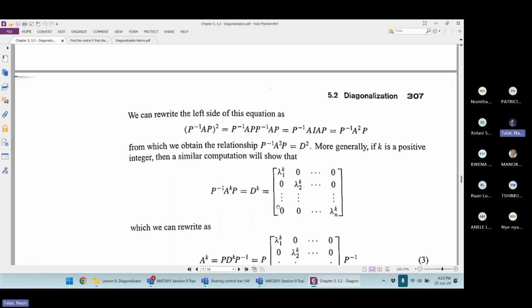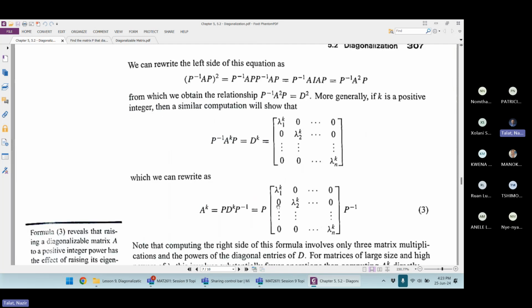And this gives us one simple idea: you can move the P inverse to the other side. When we apply P inverse on the right-hand side, P will be cancelled from the right side, and it goes to the side of D. And also P inverse we can remove, and it comes to the other side, and P comes on the left of D. So it means A power k is equal to P D power k P inverse.